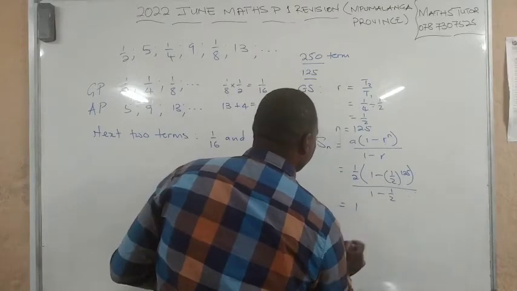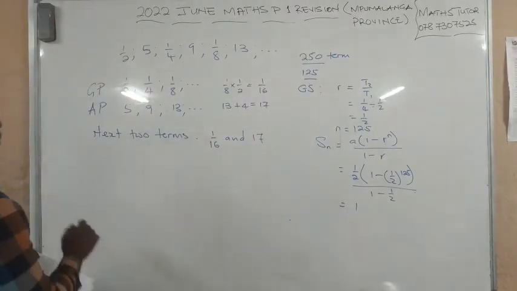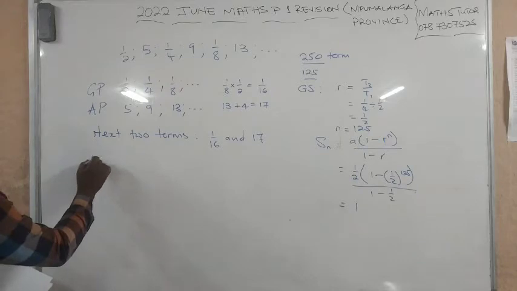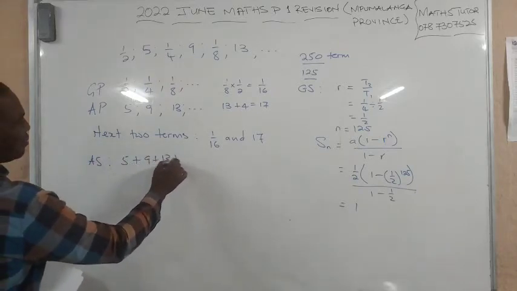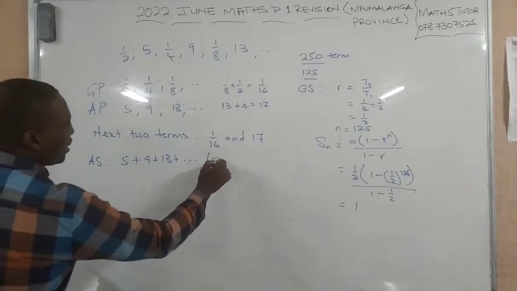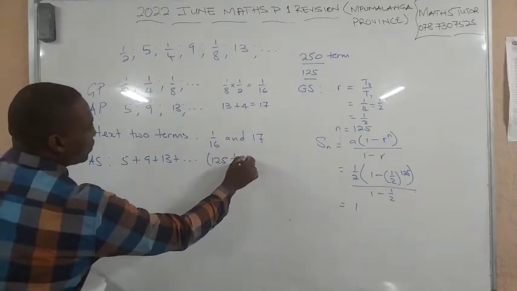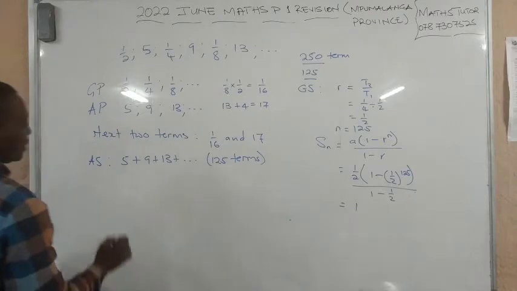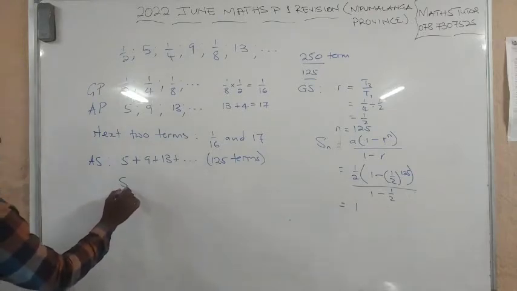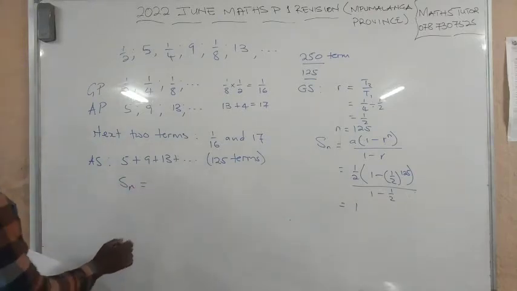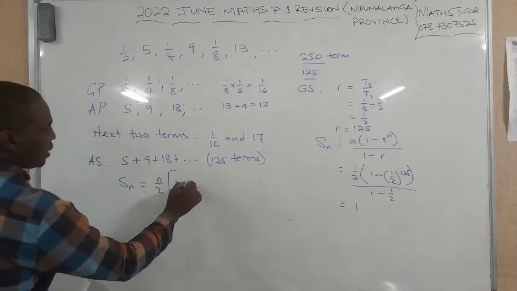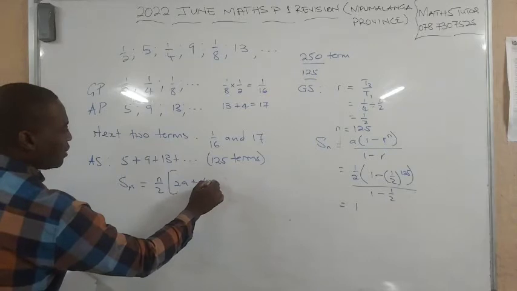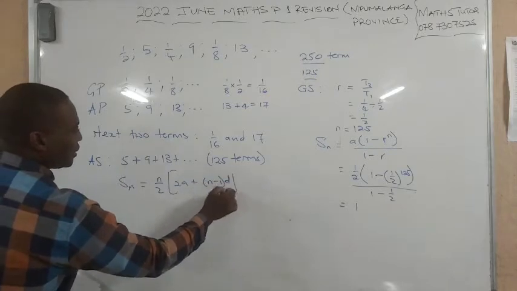which will be 1. And then coming to the arithmetic series, 5 plus 9 plus 13 plus, until we get to 125 terms. We know that the sum is equal to n over 2 into 2a plus n minus 1 by d.